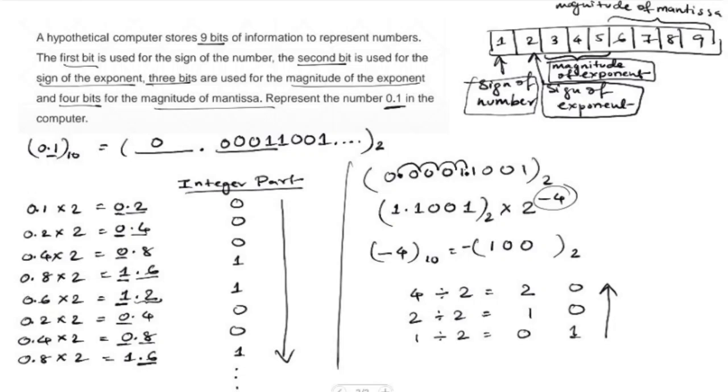So now we can finally represent the floating point representation as 1.1001 in base 2 times 2 to the power minus 100, and this is also base 2 now. Okay, now we see that we are given 4 bits for the magnitude of the mantissa, right?